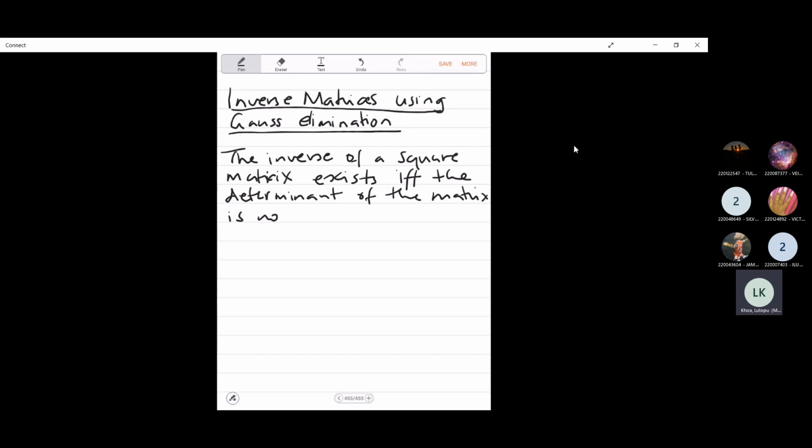is not 0. So let's say we're given A. This is a square matrix, that means it has the same number of rows as columns.